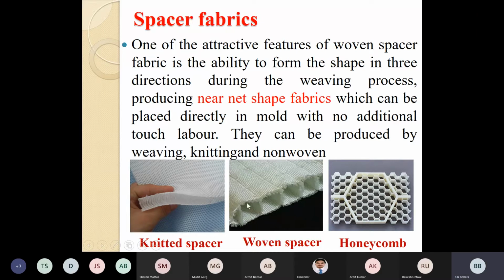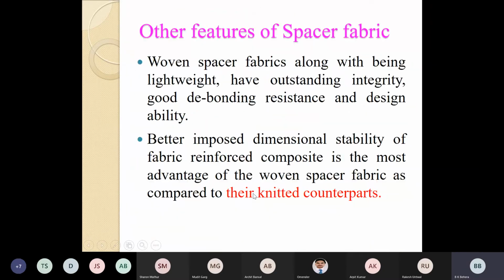But this is woven spacer fabric. This is a woven spacer fabric converted to composite material. The basic difference between this spacer and this spacer is that there is a huge structural stability in these. When they are converted to composite material, they work as a stable structure which can absorb much load. But knitted structures are flexible structures, so they are not really stable.